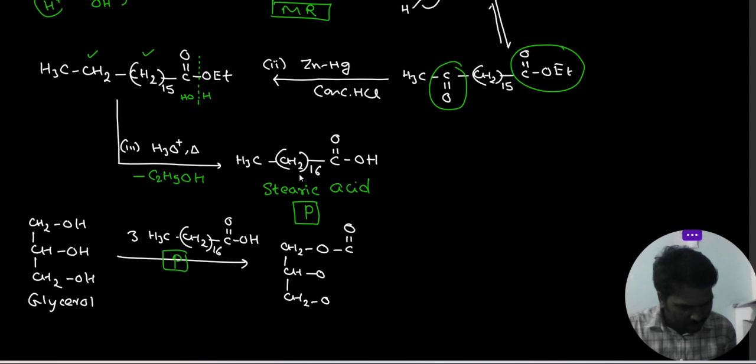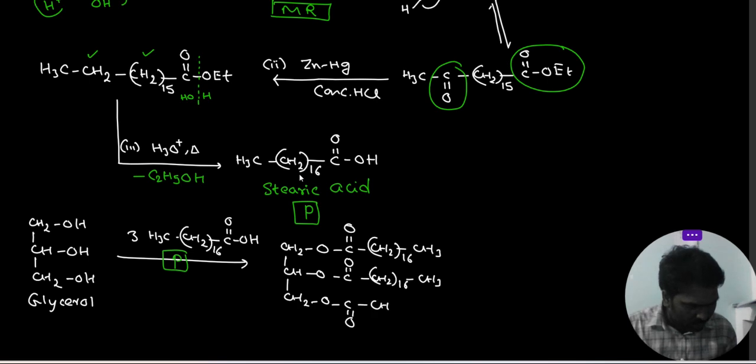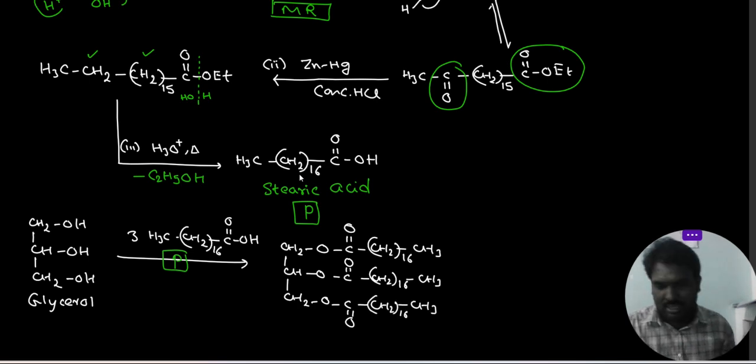Now this compound is formed: CH3(CH2)16C=O, CH3(CH2)16C=O, CH3(CH2)16C=O.